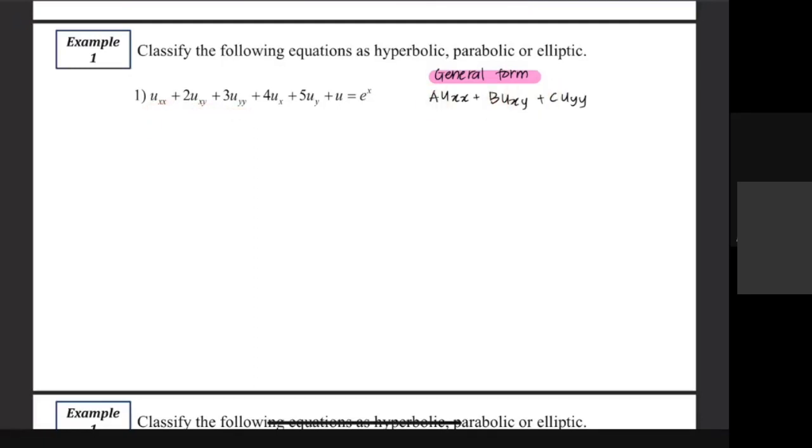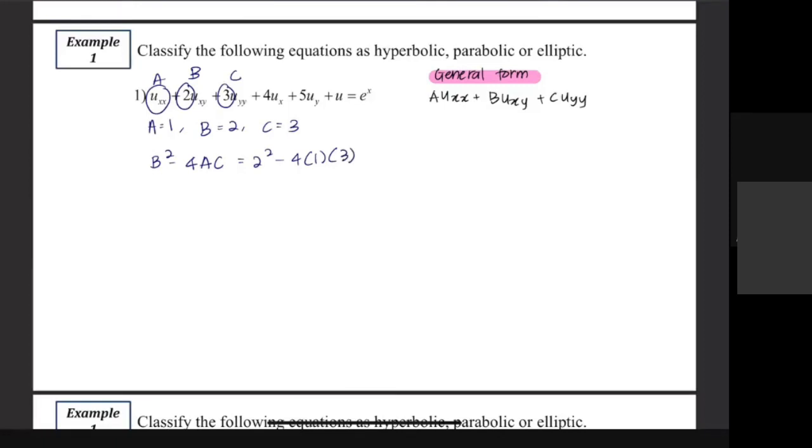So A is the coefficient for uxx. A equal to 1. B equal to, this is B, A, B, C. So B equal to 2, C equal to 3. And then substitute in the formula. B square minus 4AC equal to 2 square minus 4. A is 1, C is 3.